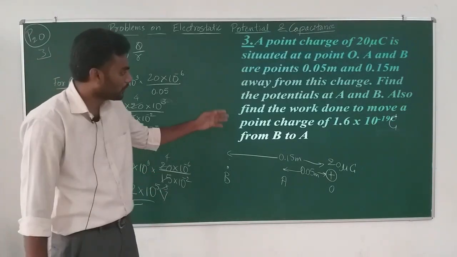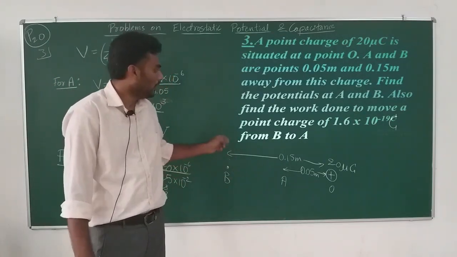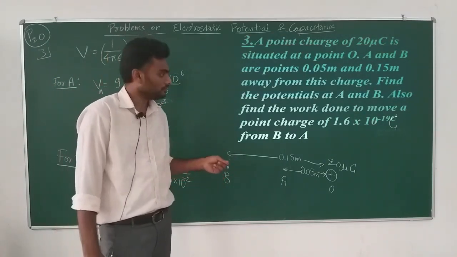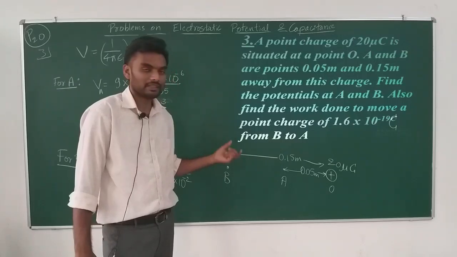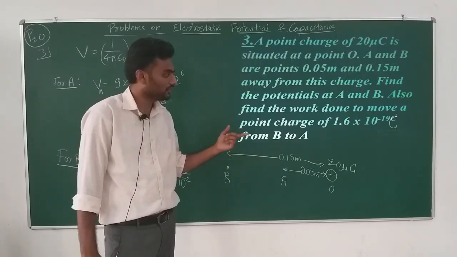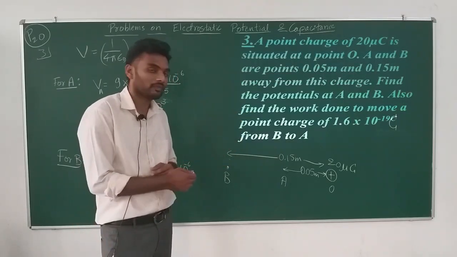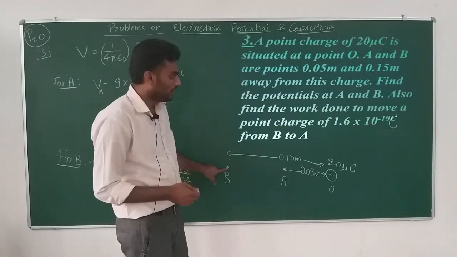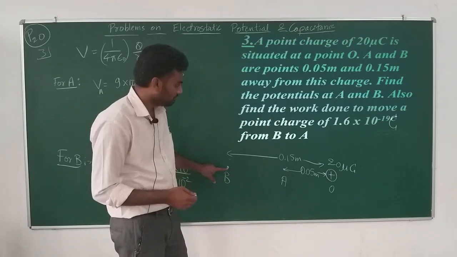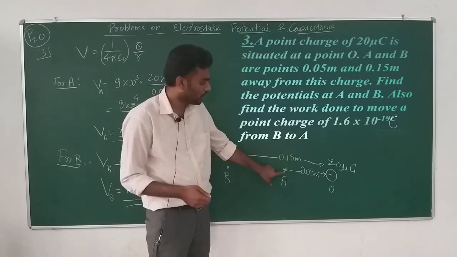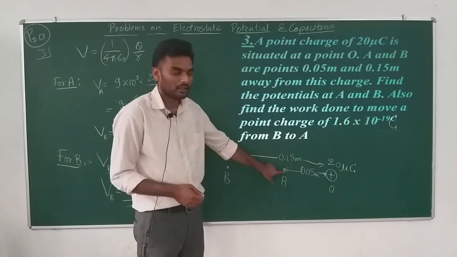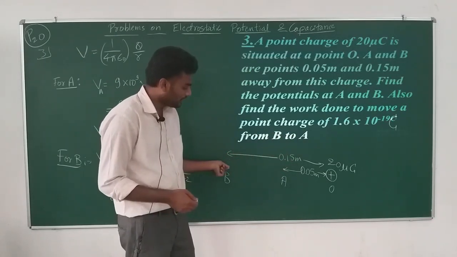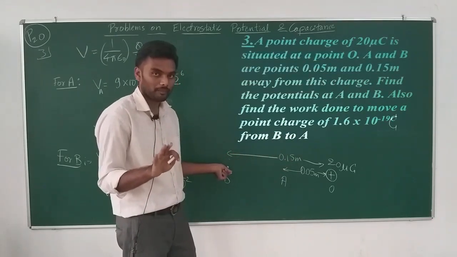The second part of the problem is as follows. Also find the work done to move a point charge of 1.6 into 10 to the power of minus 19 coulomb from B to A. Now I need to move a charge from point B to point A. Now I need to do positive work this time, right?